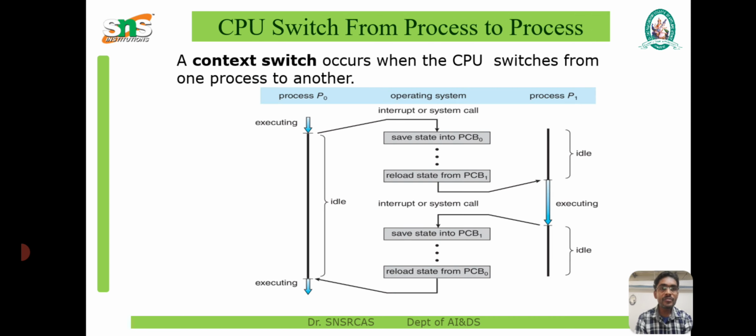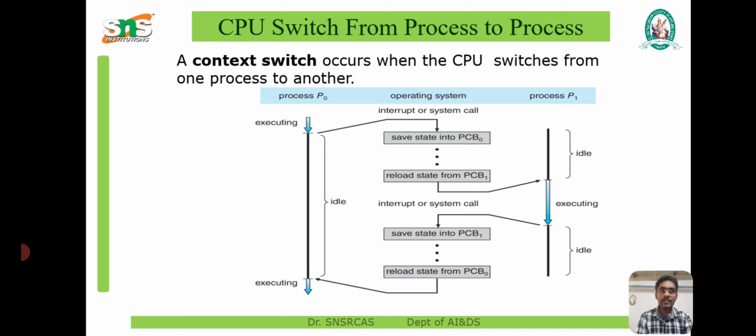Here is the CPU switch from process to process demonstration. Context switching occurs when the CPU switches from one process to another. On the left side of the diagram, process P0 is given, and on the right side process P1. When an interrupt or system call occurs, process P0 moves to save state in the process control block PCB0.